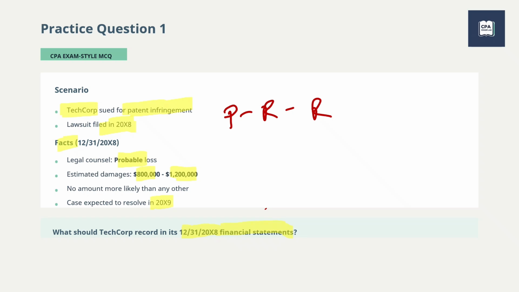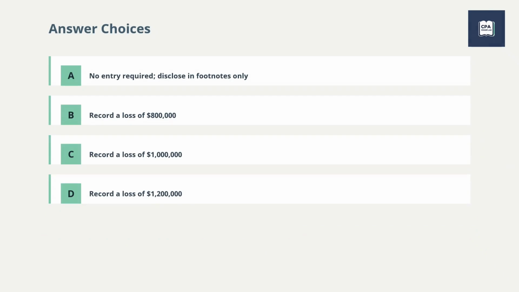And here are the options. It says no entry required, footnotes only. No, if this was a gain, that would be a thing because there we are more conservative. But if it's a loss contingency, no, we do not do that. And then it says, okay, record a loss of 800,000, 1 million, or 1.2 million.